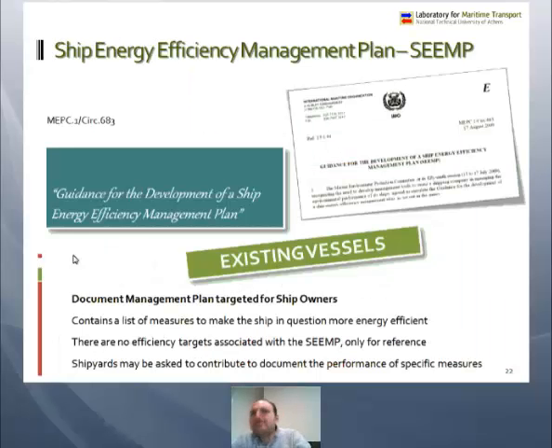That's for new designs. For existing vessels, there is nothing mandatory. I mean, the EEOI, which is a similar index to EEDI, is voluntary. What is mandatory for existing vessels is to have this Ship Energy Efficiency Management Plan, which is a document that contains a list of measures to make the ship more efficient.